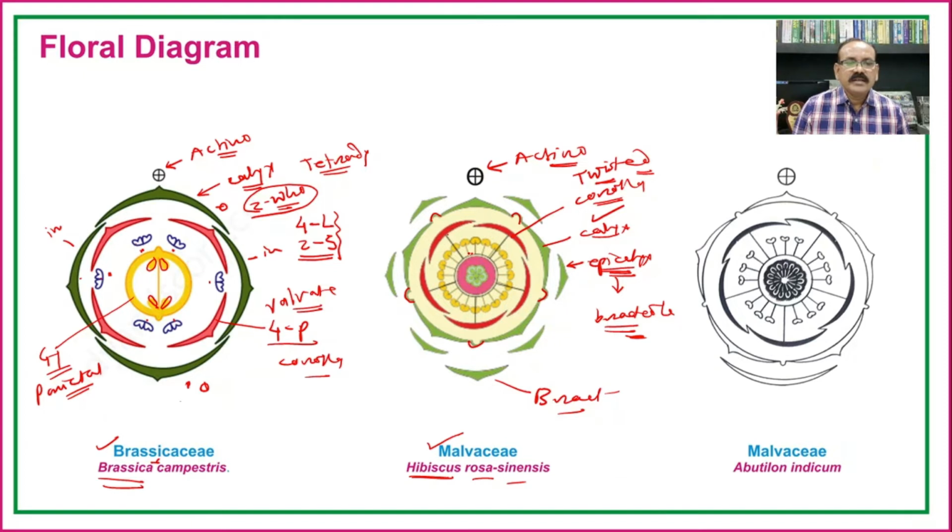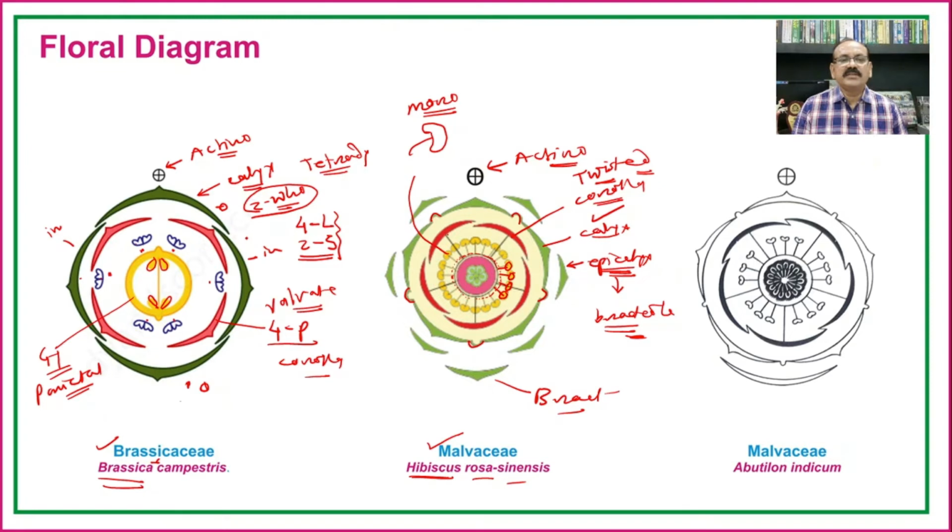Then here there is the complete male reproductive organ, that is androecium, and the presence of the staminal column, and from this staminal column there are stamens in a circle. If we see each stamen, inside it you will find reniform shaped anthers drawn here, and these are monothecous type of anthers.